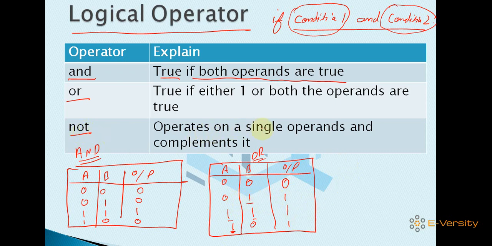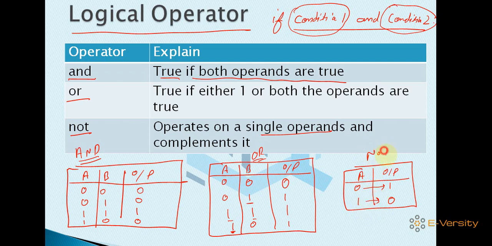And not is basically applied on a single operand and it complements it. So for A, this is the output: a single operand is either true or false, and it is just complemented. If the condition is true, it returns false. If it is false, it returns true. So this is called the NOT table. Okay, this is called the logical operator.